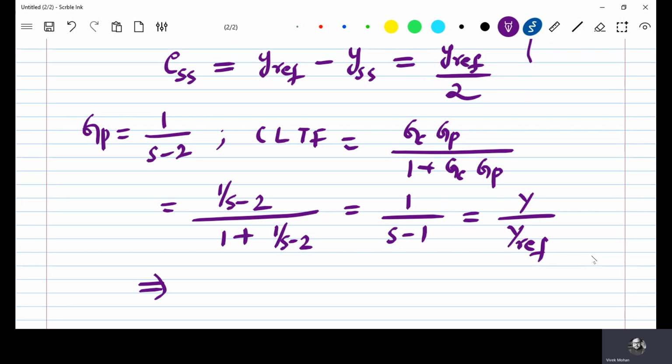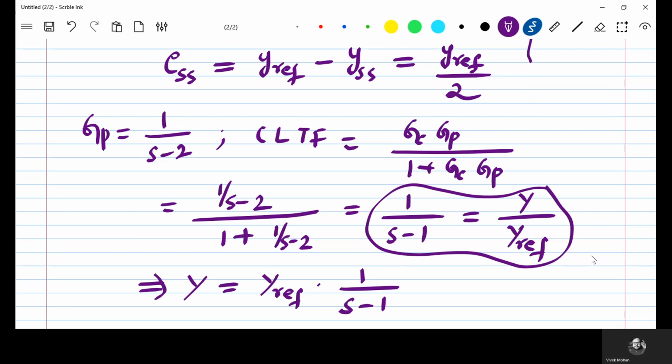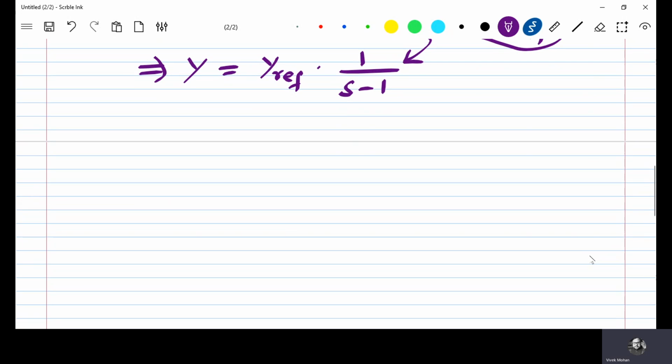Now this implies, what is Y? Y equals Yref into 1 by S minus 1, right? Now, if we take the inverse Laplace transform into the time domain, y of t equals Yref into e raised to t.